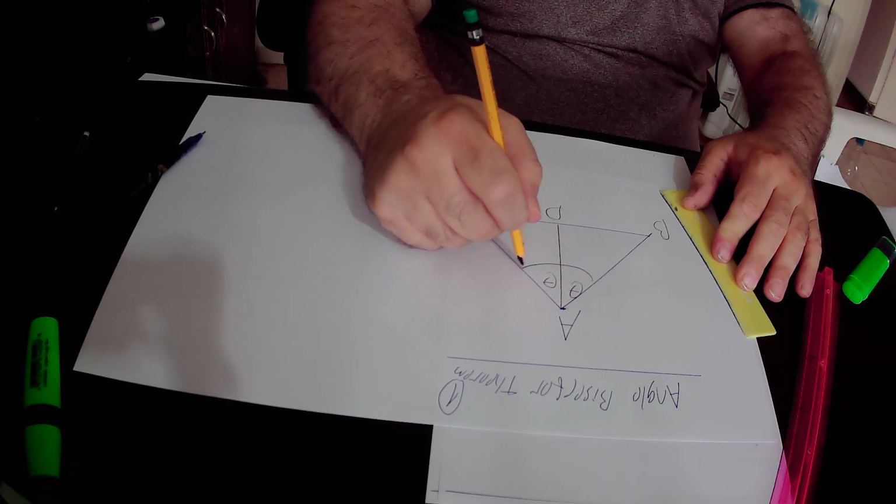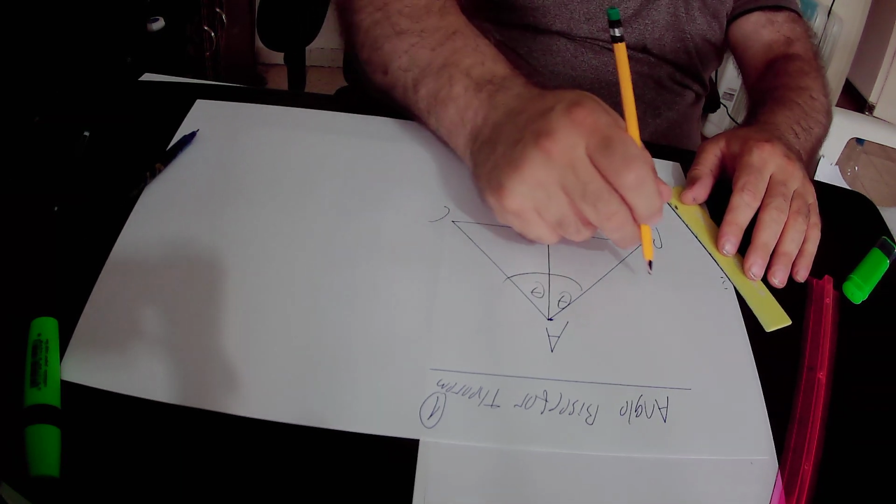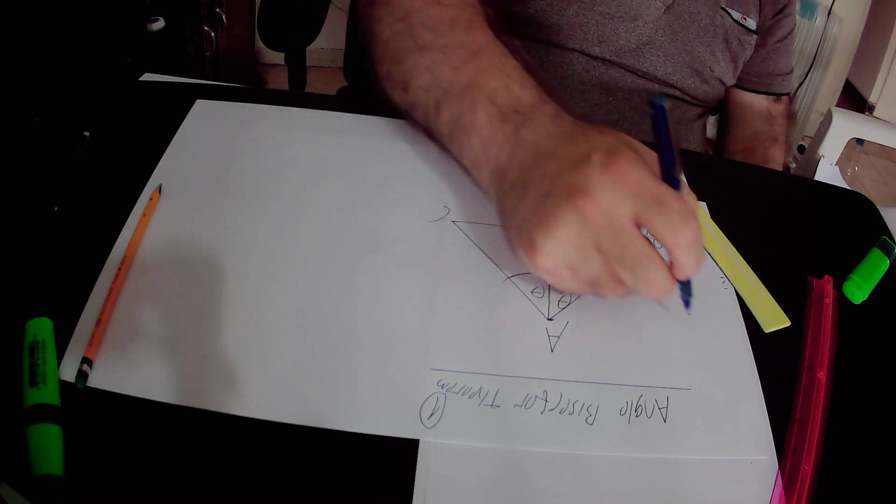Why? Because it bisects angle BAC into two halves. Each half equals theta. So write down that AD is the angle bisector here.